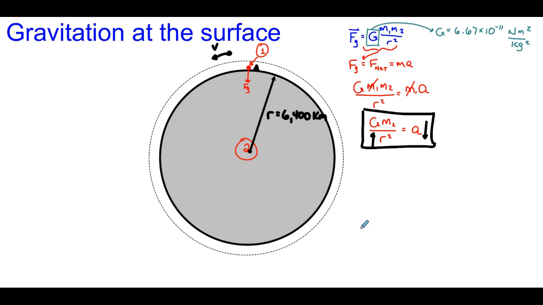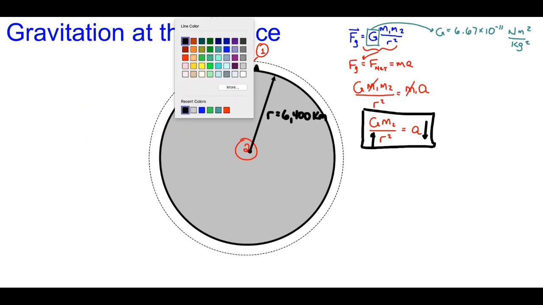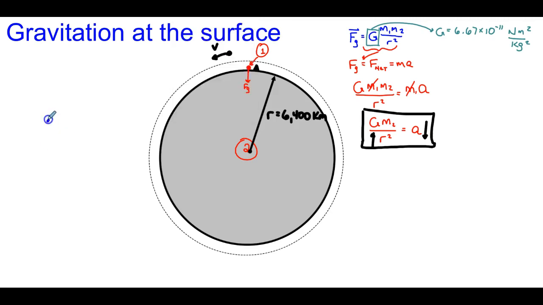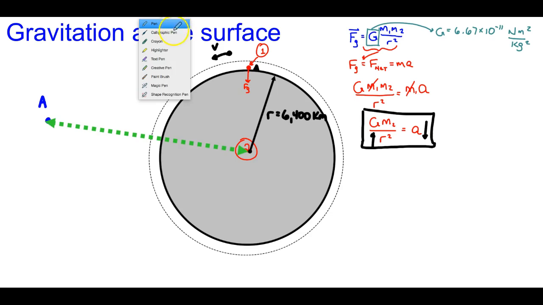However, if you increase the value of r by some substantial amount, so perhaps now we're at double the radial distance away, I'm going to draw some point, let's call it point A, out in free space. Let's say the separating distance between point A and the center of the Earth is equal to 2r.